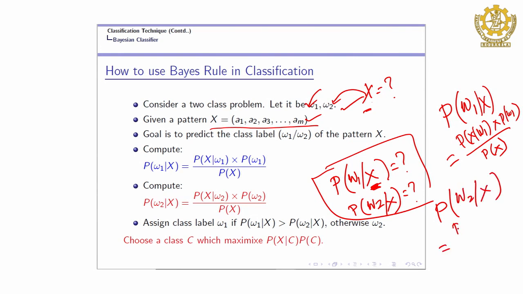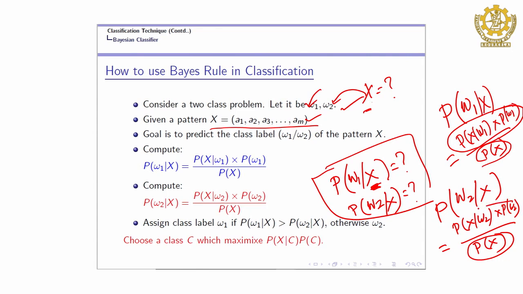So, this will be probability of x given W2 into probability of W2 divided by probability of x. Now, if you carefully observe, the denominator is having the same value. No need to compute the value of the denominator, only you need to compute the value of the numerator. So, wherever the numerator value is greater, the class level of that unknown pattern X will be in that particular category.